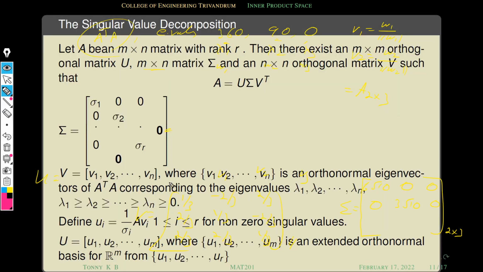What is U? The ui's are given by this formula. We already have two non-zero singular values, so corresponding to these two we can write u1 and u2. u1 is 1 by sigma 1 into A v1, and similarly u2 equals 1 by sigma 2 into A v2.